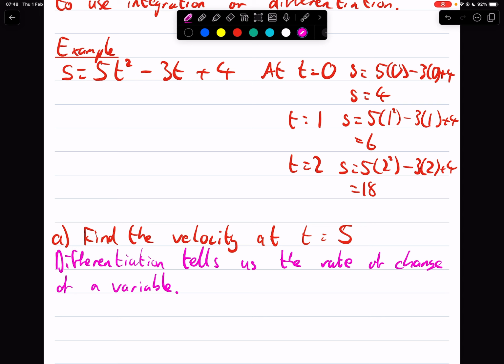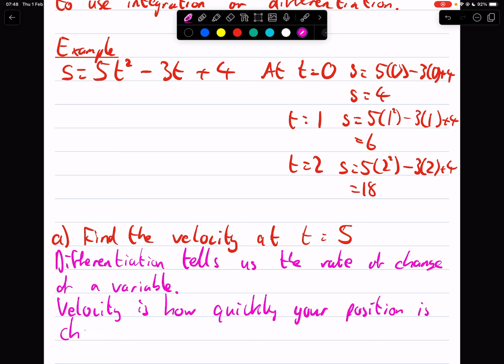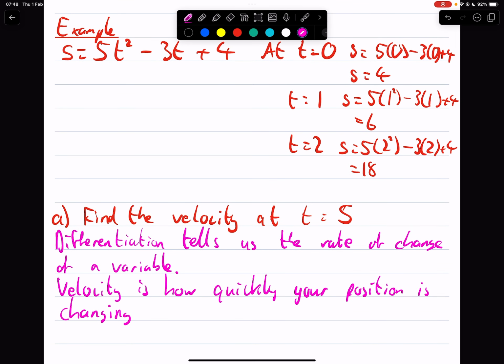So we can now use that for mechanics to say, well, velocity is how quickly your position is changing. So the velocity would be whatever this S equation is differentiated, which is 10t minus 3.